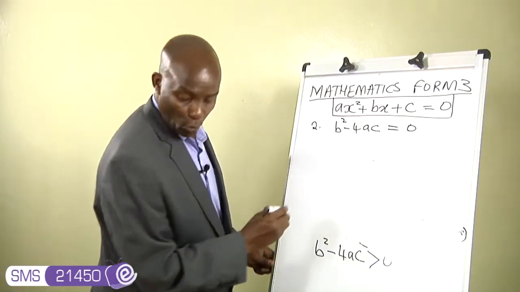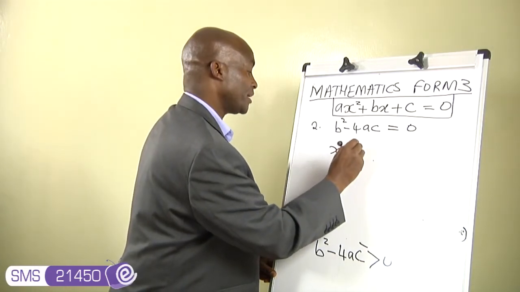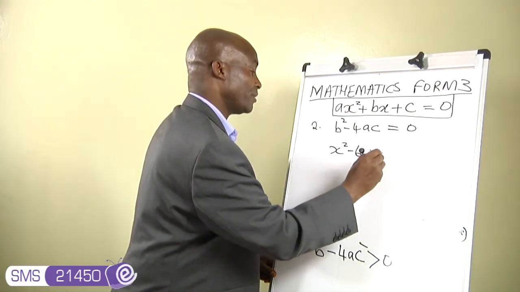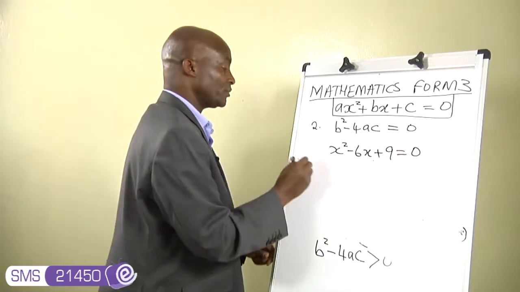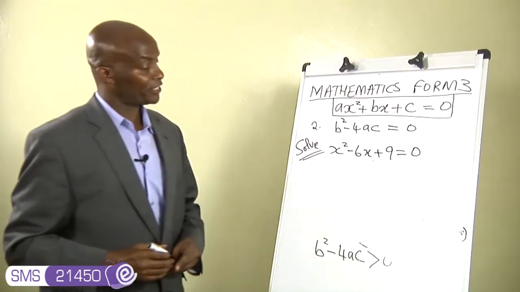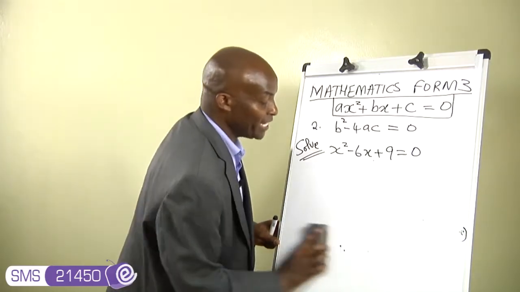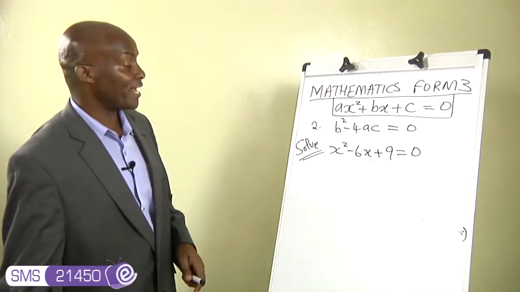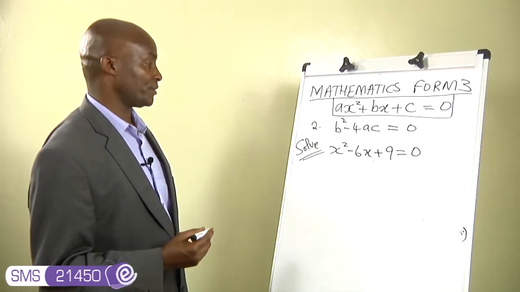Take the quadratic equation x squared minus 6x plus 9 is equal to 0. So supposing you are to solve x squared minus 6x plus 9 is equal to 0. Solve means find the values of x that satisfy that equation.